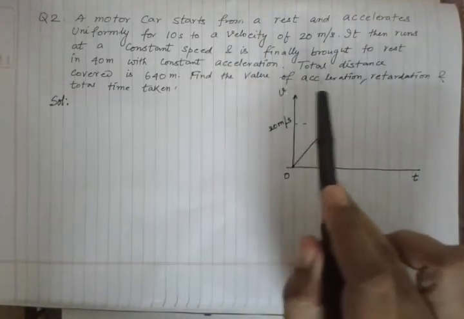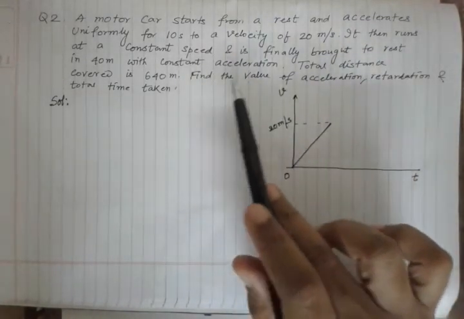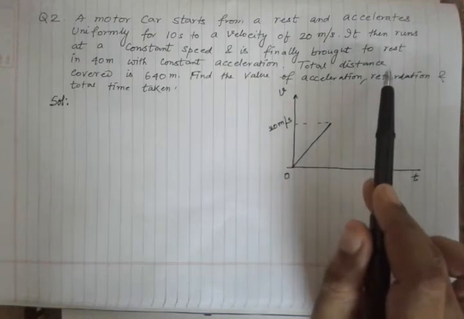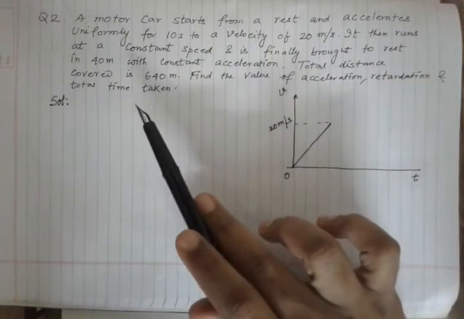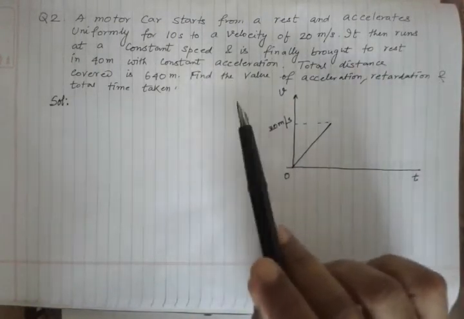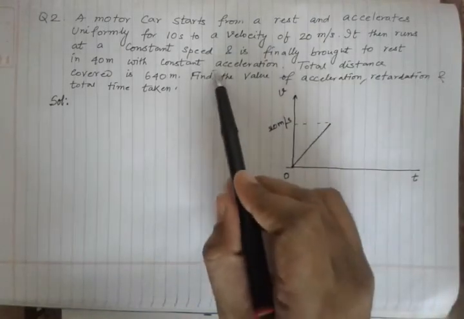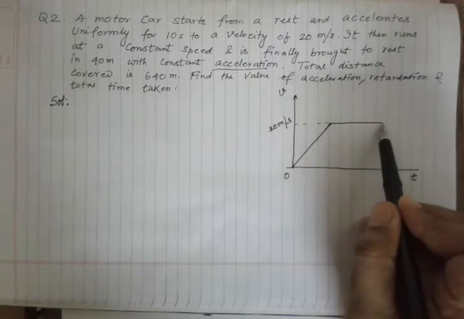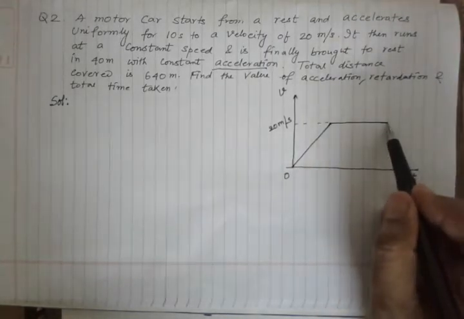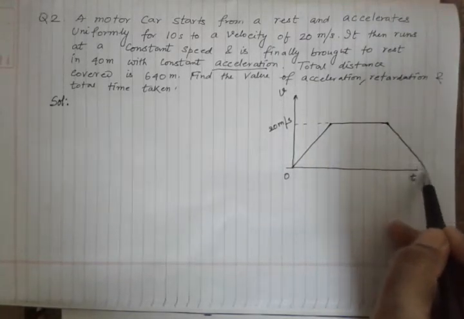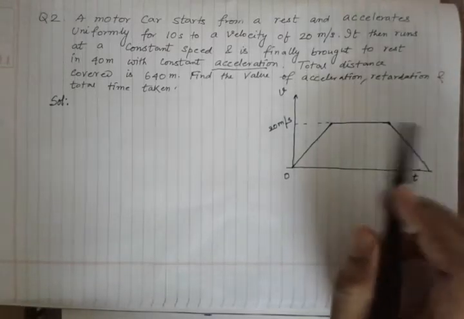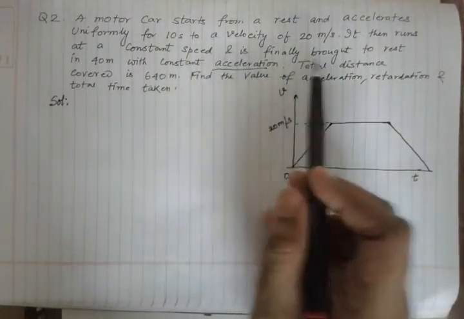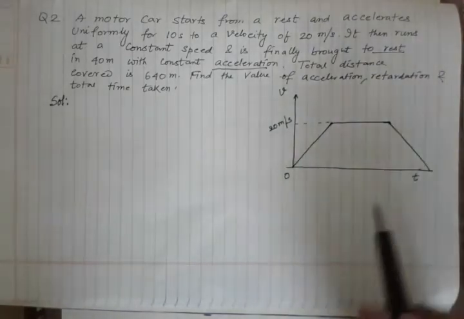It runs at a constant speed and is finally brought to rest in 40 meters with a constant retardation actually. So it will remain constant for some time, and then again it will finally be brought to rest with some retardation. Velocity will come to 0 because it has finally come to rest. So this is the graph.